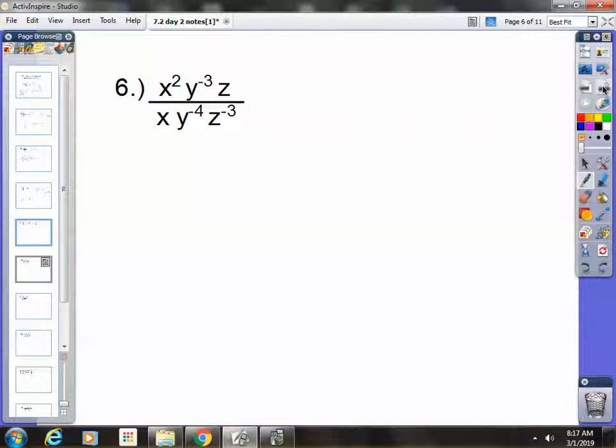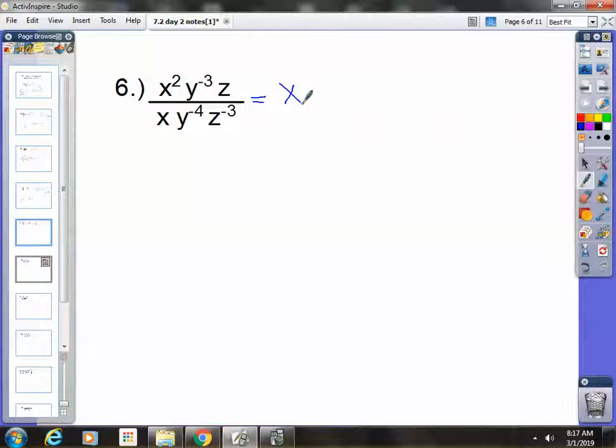The rules still apply, nothing has changed. Let's start with our x's. What is x squared divided by x? x to the first power. Where's x to the first power going to be written? On top. Anytime we subtract, we write that variable on top.